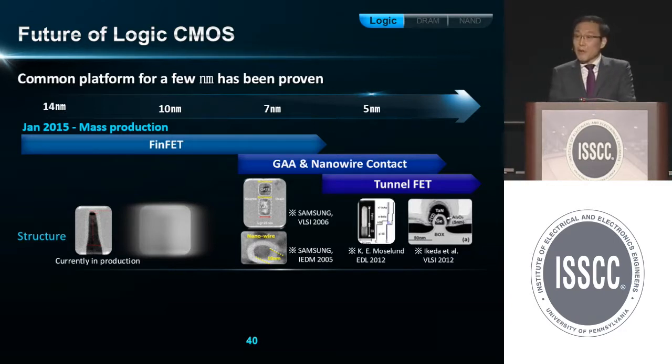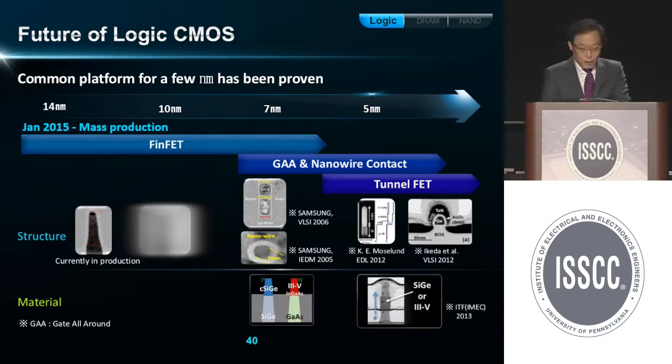There are many other device options, gate-all-around, nanowire FET, tunnel FET, and others for minimizing leakage current, and alternative channel materials to enhance mobility. All these device options and materials will be able to push logic technology to its limit.